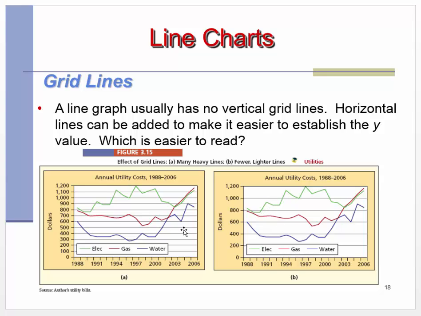But which one of the two is easier to read? You can see probably this one is easier to read, but this is probably too condensed. This is probably easier on the eyes, right? This shows the annual utility cost between 1980 and 2006 in dollars for electric, gas, and water. Okay.